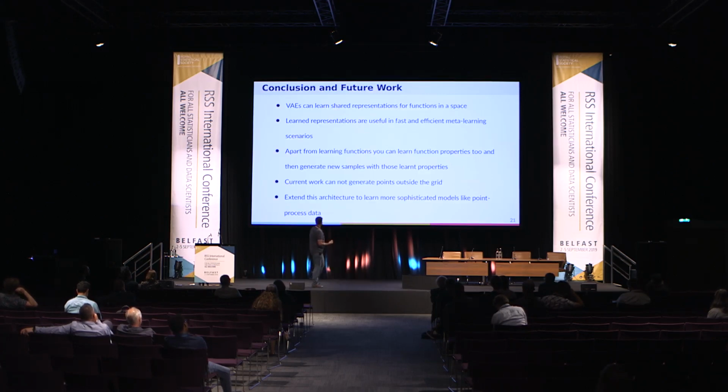So essentially, in theory, we have said we can use VAEs to learn shared representations of functions in space. These learned representations are useful because they can help us do meta learning, which is what we wanted. We had an abundance of historical or general data about space. Once given a new data set, we don't need to spend a lot of time trying to do predictions for it.